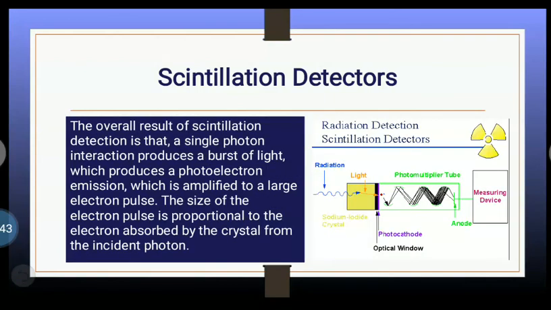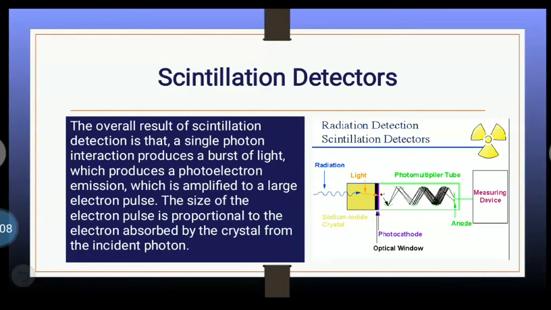The overall result of scintillation detection is that a single photon interaction produces a burst of light, which produces a photoelectron emission, which is then amplified to a large electron pulse. The size of the electron pulse is proportional to the energy absorbed by the crystal from the incident photon.